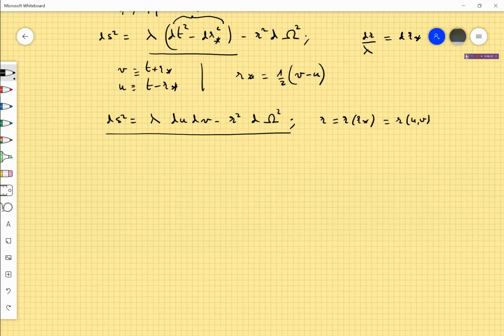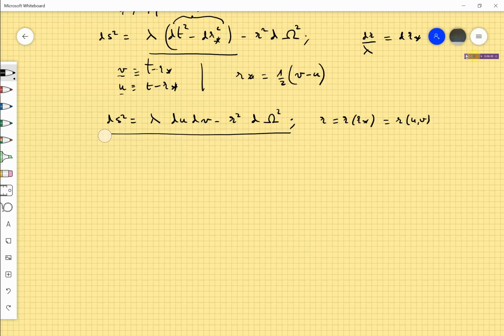Why do we need to do this? Observe that if we are working in Eddington-Finkelstein coordinates, we choose r and v or r and u, and in those coordinates the metric was regular at r equal to rs.